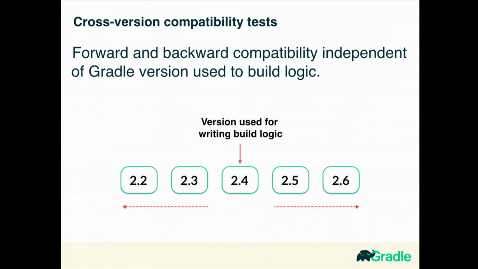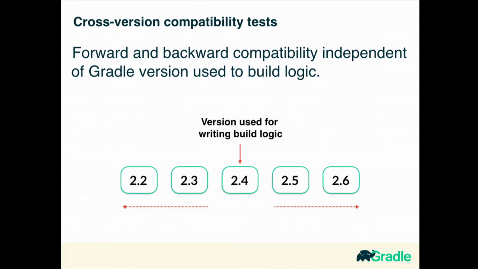So I think cross-version compatibility testing certainly is very useful if you're going for migration strategies, or if you wanted to figure out, well, the plugin that I wrote is compatible with 2.5, but is it also compatible with the latest version of Gradle, or even with older ones? Like some of your users might tell you, well, it doesn't work with 2.3, and then you can actually look at it, write tests for it, and I think that's pretty powerful.